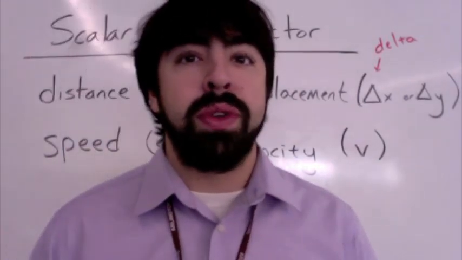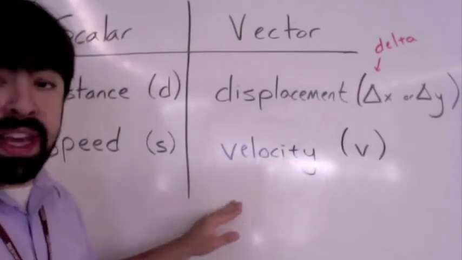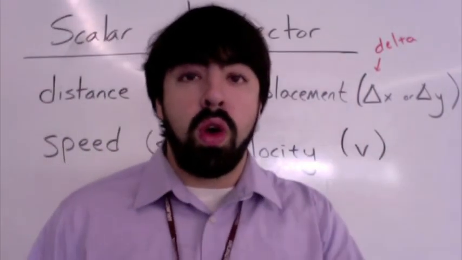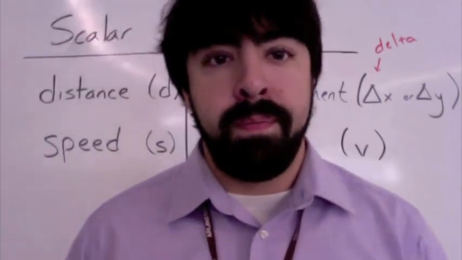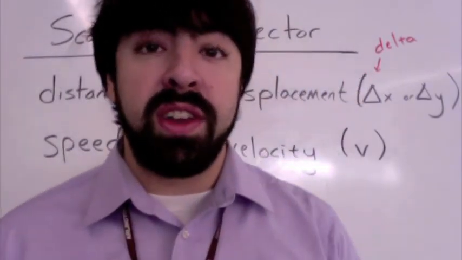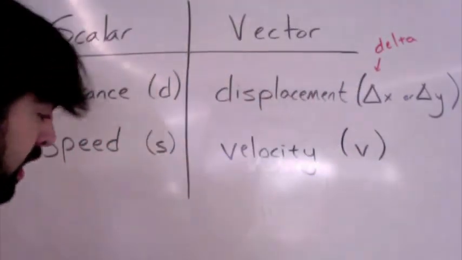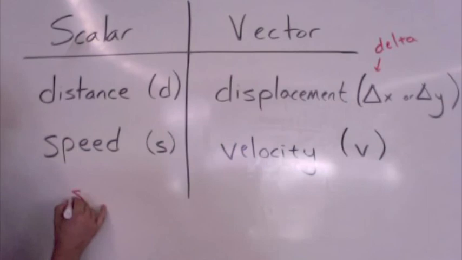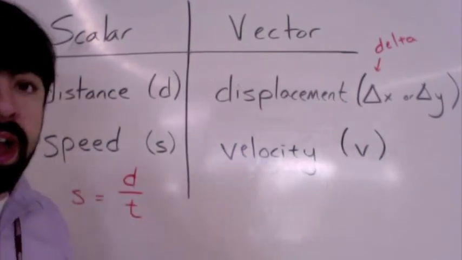It would only be true in some cases, because velocity is going to be overall the change in displacement over time, while speed is the change or how far distance over time. It's very important to know that your speed is your distance over time.